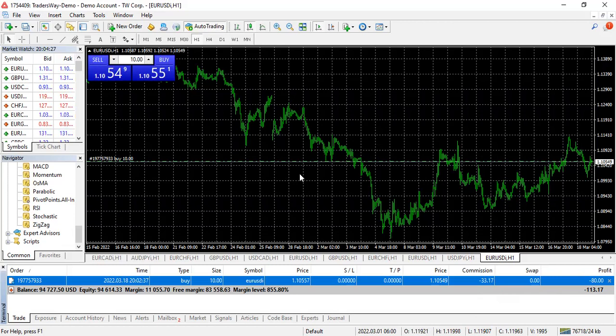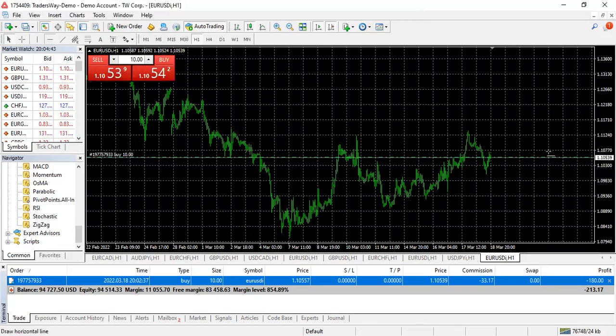So let me show you how spread works. This is how spread works. Let's assume I want to open this current position. So I want to set a sell stop here.